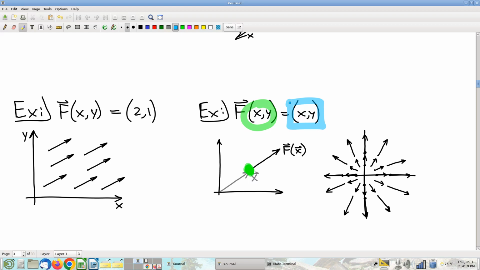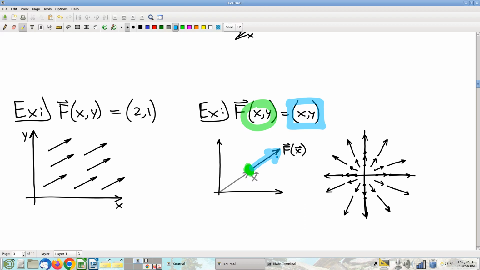So even though the input is x, y, that's viewed as a point, the field vector is the vector that is the position vector for that point. This right here is what the vector x, y looks like given that green is the point x comma y. And then reminder, the convention when you're drawing a vector field is to draw the arrow such that the tail is at the point.